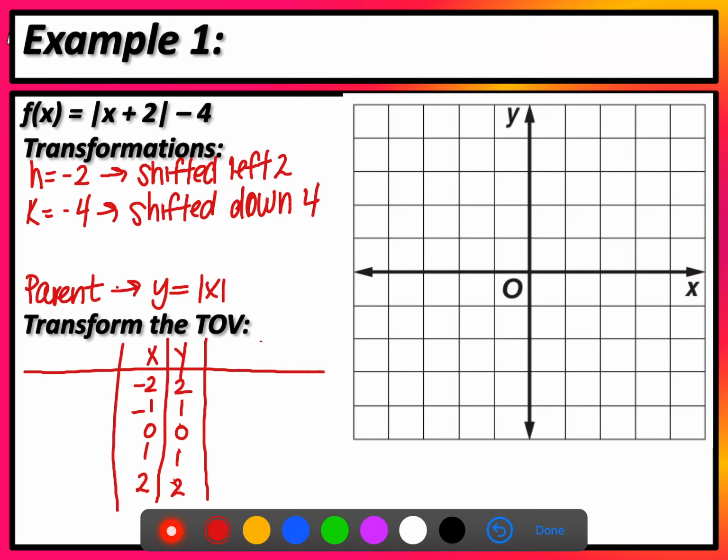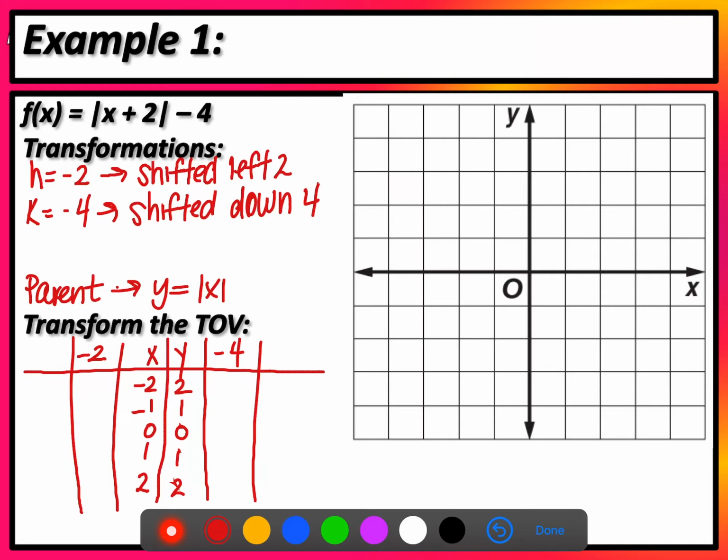Then as I move out into my columns, I'm going to apply any transformations that I have. So shifting this 2 units to the left is going to affect my x coordinate. And shifting it down 4 is going to affect my y.